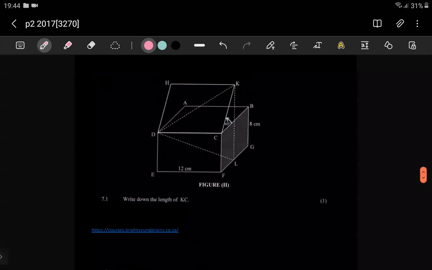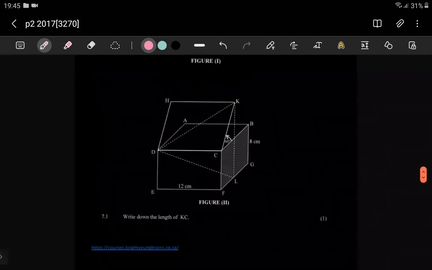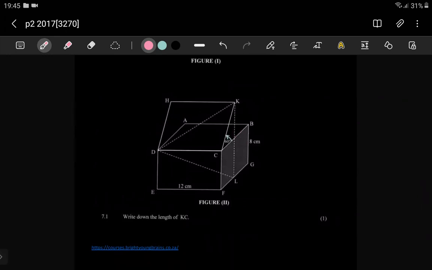Getting the length of KC is something you want to do confidently. With a 3D image, don't limit yourself to what is on the piece of paper. If you're going to work out the distance of KC, the best thing you can do is think of yourself as looking at this rectangular box from the right hand side.